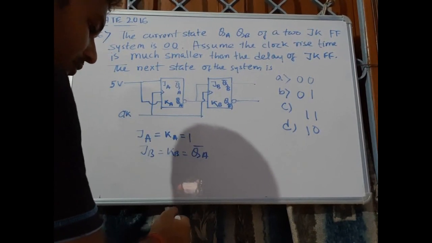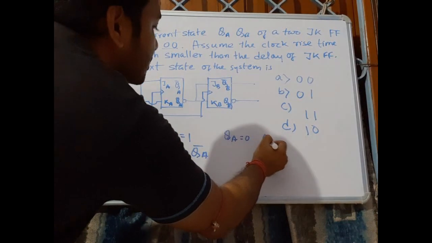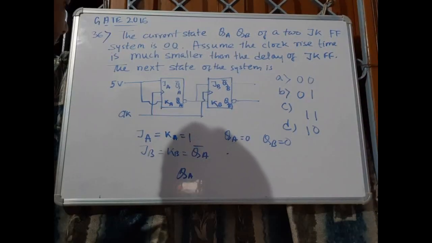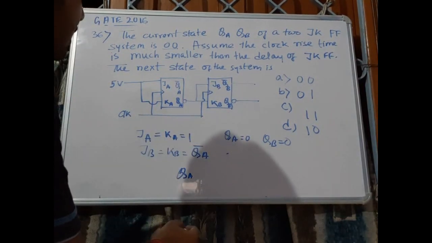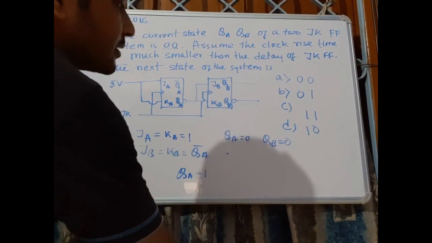Now initially we have QA equals 0, QB equals 0, right? As JA and KA are always 1, QA becomes 1.